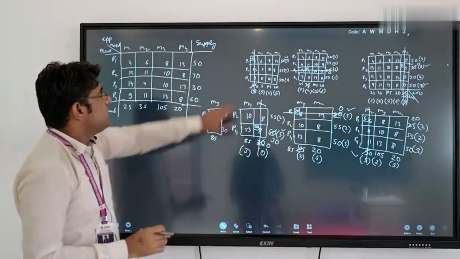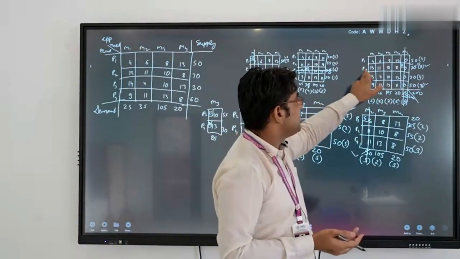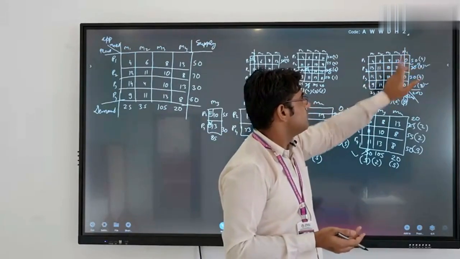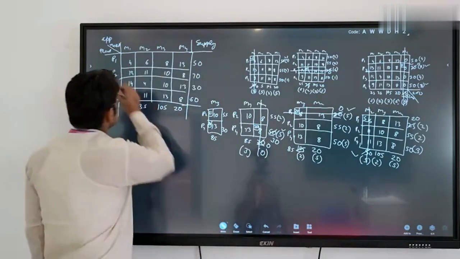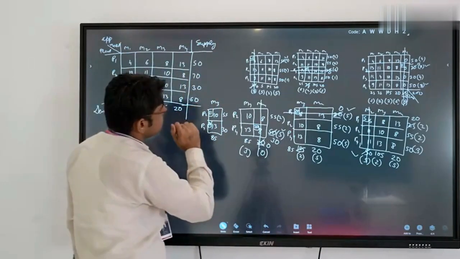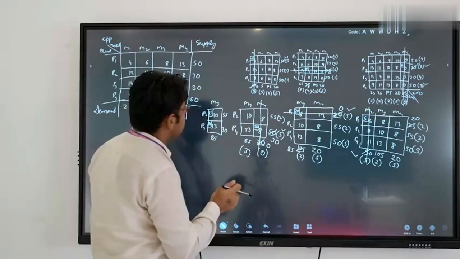So now first we allocate here in P2 M5, 15.